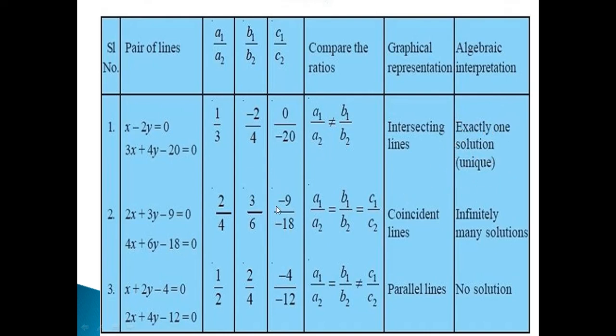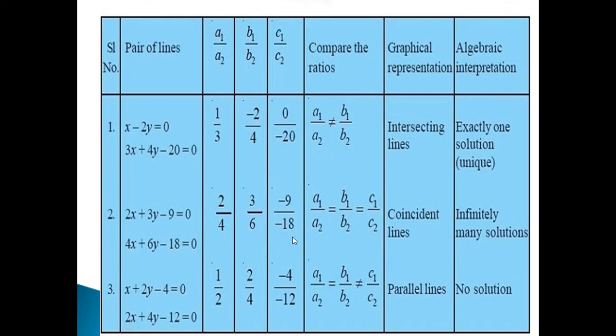One solution means unique solution. Come to the second example. Here a1 is 2, a2 is 4, that is 2 by 4, which is 1 by 2. And b1 by b2 is 3 by 6, that is 1 by 2. And c1 by c2 is minus 9 by minus 18, that is also 1 by 2.